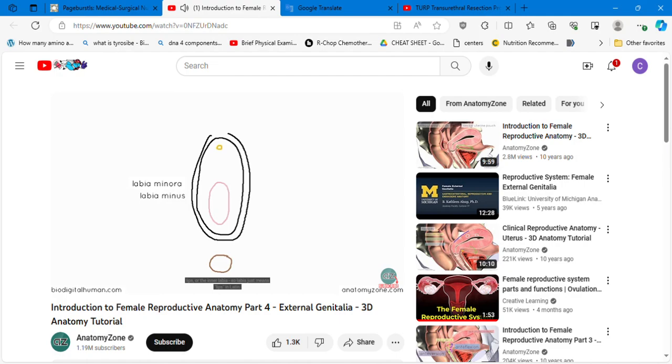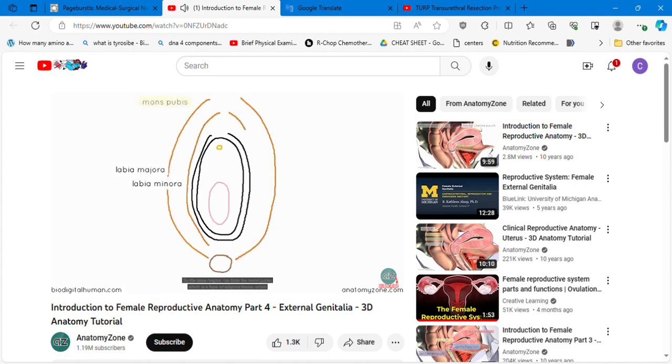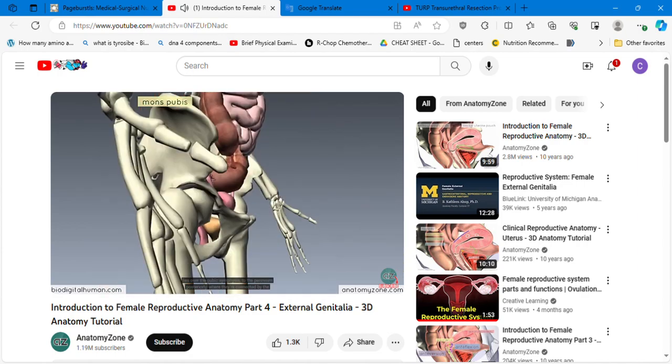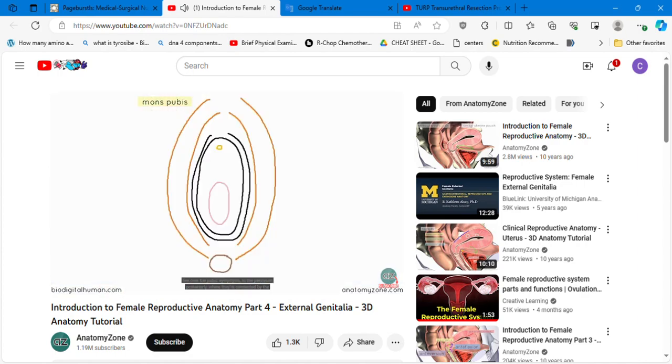Labia just means lips in Latin. Then you've got the outer lips, which are called the labia majora. The labia majora run from the mons pubis, which is a layer of adipose tissue which lies over the pubic symphysis, to the perineum posteriorly, where they're connected by the posterior commissure.